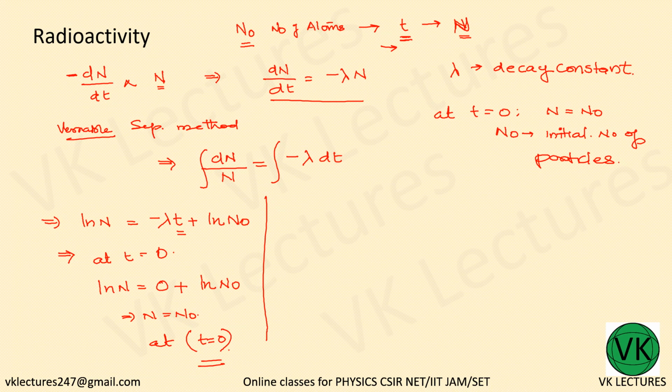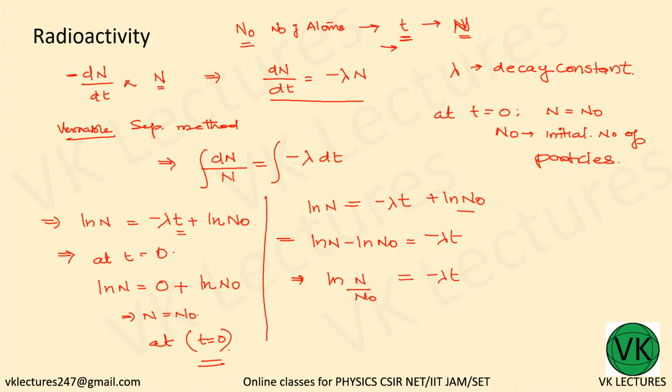Now writing this equation again, log n equal to minus lambda t plus log n naught. Bring this log n naught to the left, which becomes log n minus log n naught equal to minus lambda t, which means log of n divided by n naught equal to minus lambda t.